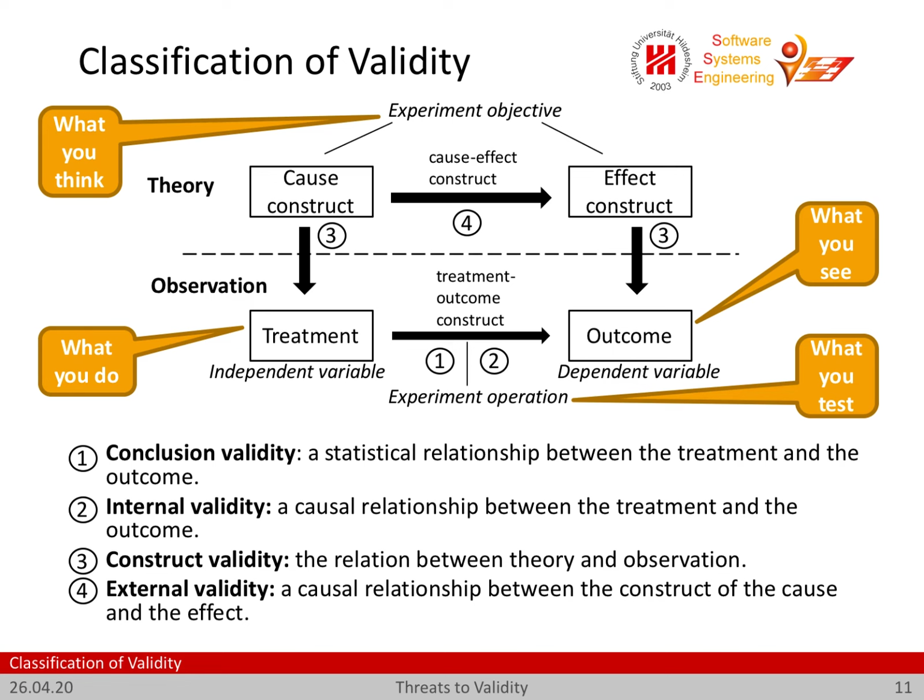So this would be external validity. External validity is extremely important because that's what we ultimately are interested in. We're not just interested in saying, well, in our experiments it was like that. We are interested in saying, well, for future cases it will be like that. And that is what external validity is about.